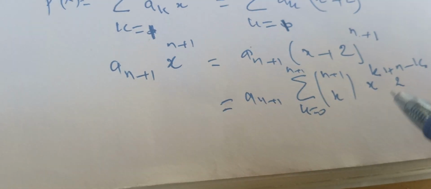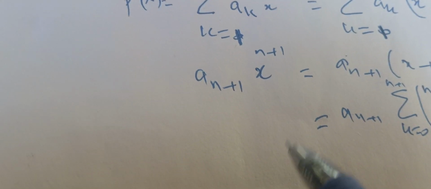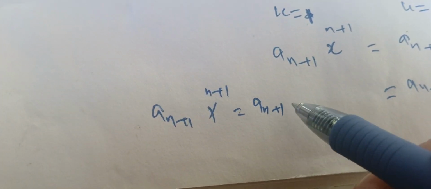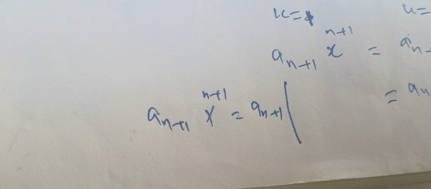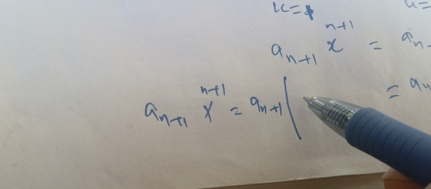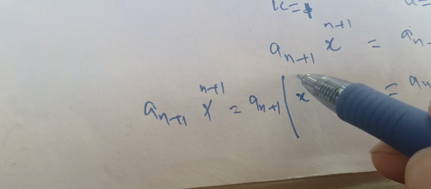In particular, when k is n plus 1, we're going to have a_{n+1} x to the power n plus 1, this is just 1, and this is x to the power n plus 1.